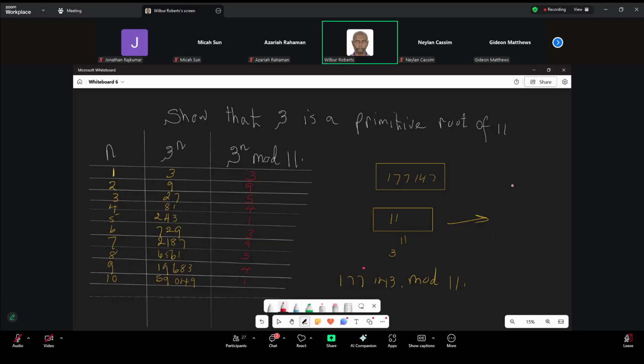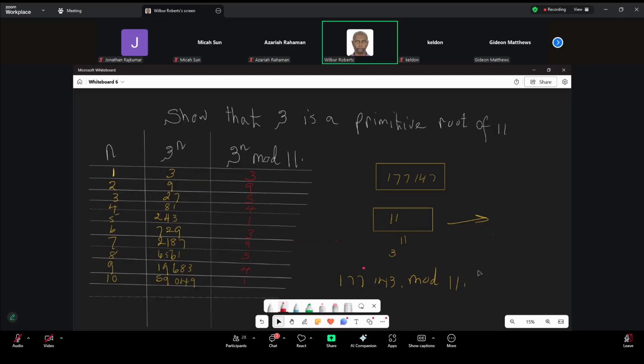Did anybody else get that same answer in the last column? I did. So 3 is not a primitive root of 11. Good? That was just a little practice exercise there.